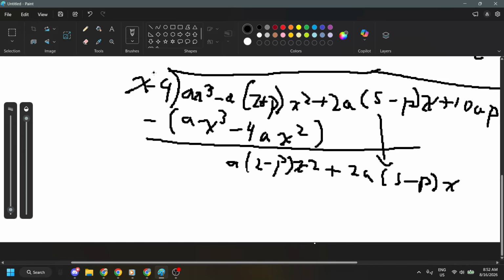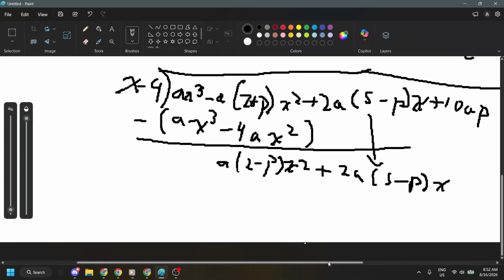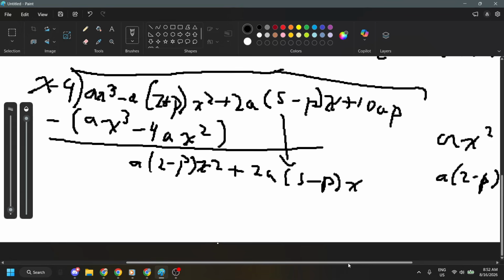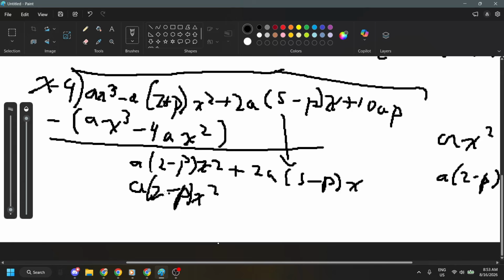So what we want to do this time is multiply it by a 2 minus px. So that would give us a 2 minus px squared. So these two cancel out, and we subtract this.